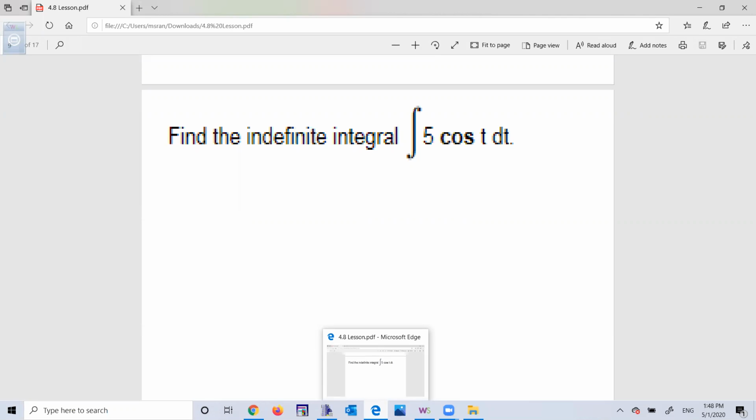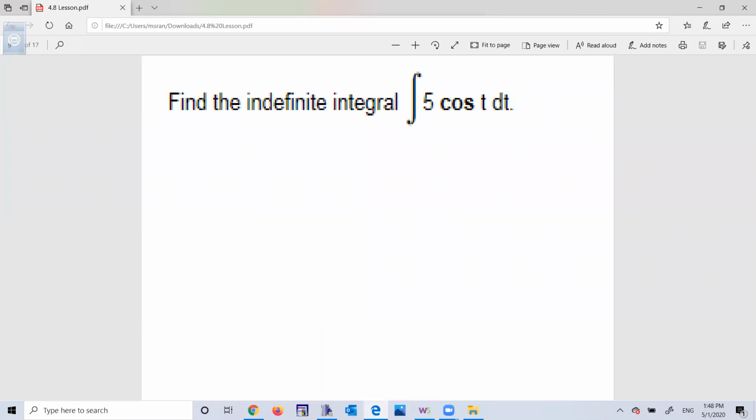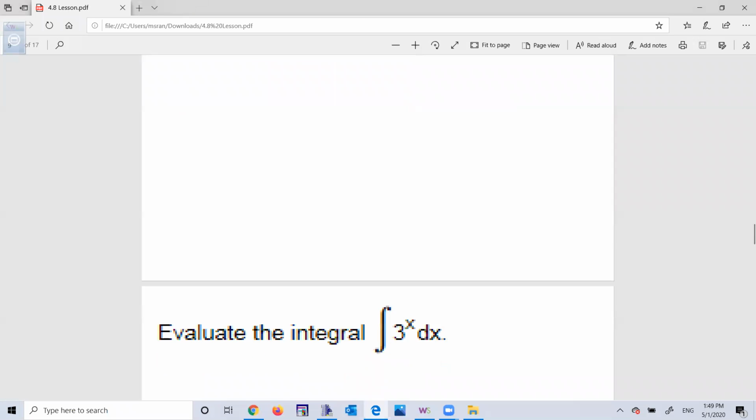So this is one problem that I'm assigning to you already. I'm not gonna do it because I already did some examples of finding the antiderivative of a function that has a trig function, and it's super simple. So this is one that I'm gonna let you do as homework, and you send it to me before the end of tonight.